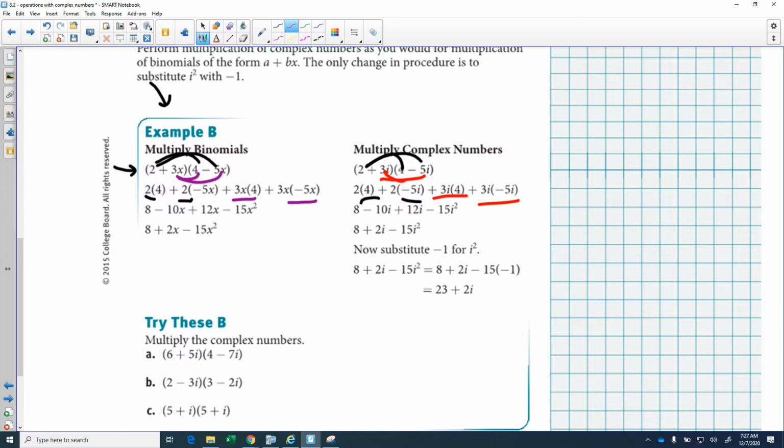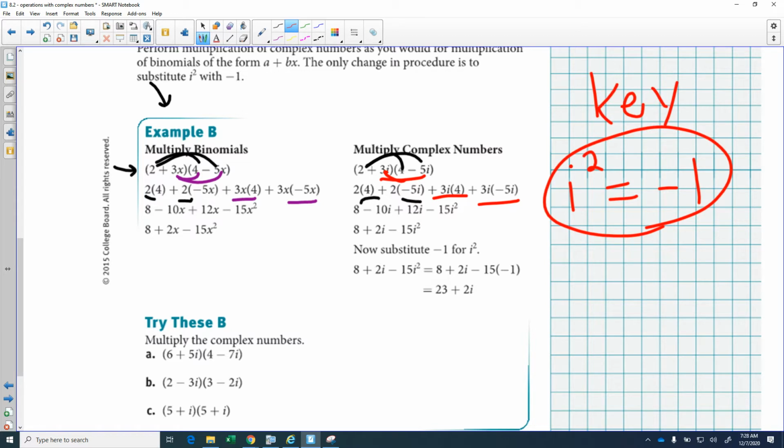Here's where it slightly changes, and this is where it comes in for i squared. i squared actually equals -1, and that is a key idea to remember. If you look at this example, at this particular spot, we have 15i squared.